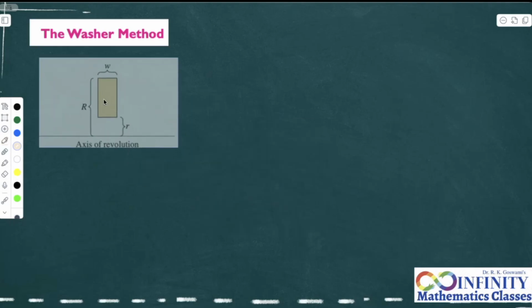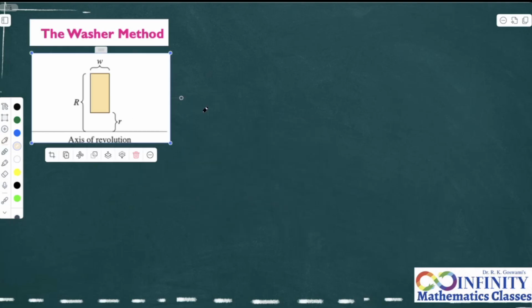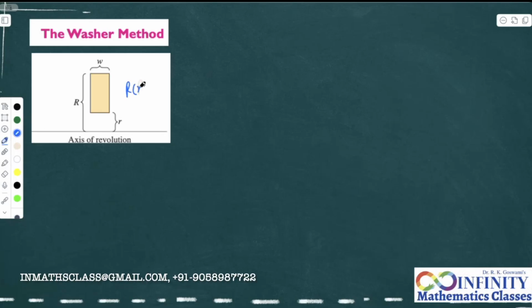Like we had the situation where there was a top curve, there was a bottom curve, and I told you how to find the radius. You told me the radius is going to be top minus bottom. Am I right? Right. This was the situation there. We had a similar situation, not exactly the same, but yes, a similar type of situation we will be dealing with here. So, how will the question look?